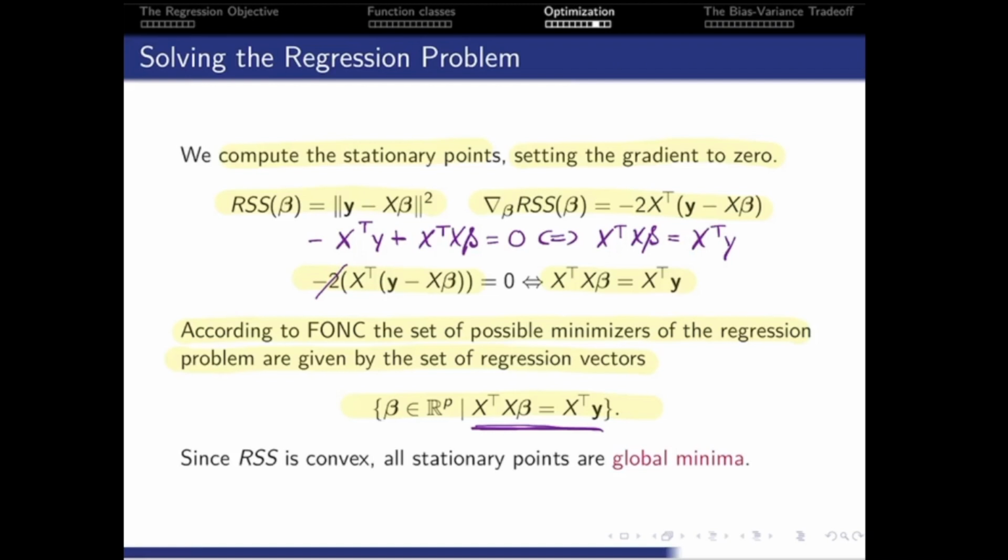And if you have now something else, a stationary point could also be a saddle point, or it could also be a maximum. But if you have something which looks like this, like with the saddle point, then you can always find two points, x and y, for which the function values are larger than the values on the line between them, like here. And this is, according to the definition of convex functions, not possible.